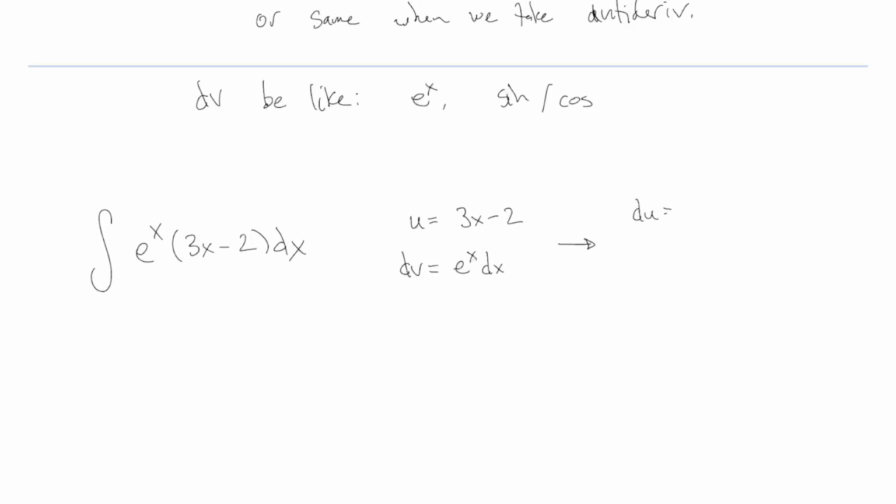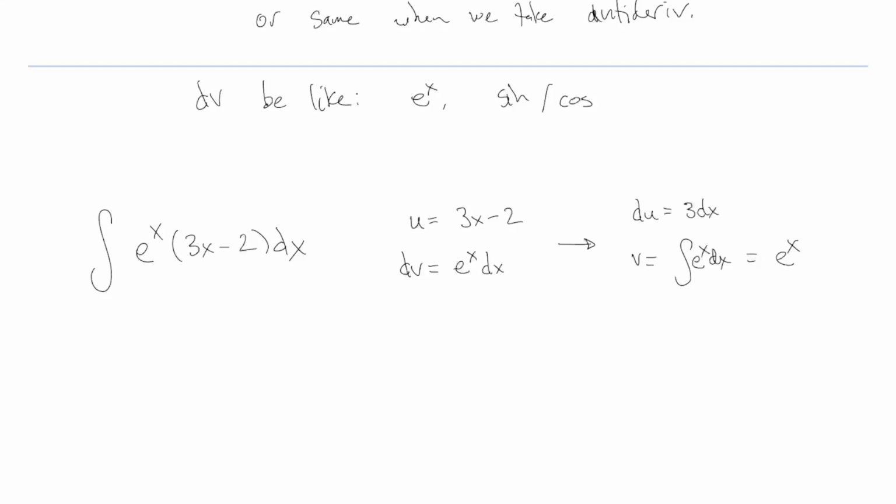That's the du. Somebody want to say? Shout it out. Yeah, 3 dx. The dx should be included in there. And then the v. V is the integral of dv. If you want to write it out, it's the integral of e to the x dx, but that's just e to the x, right?